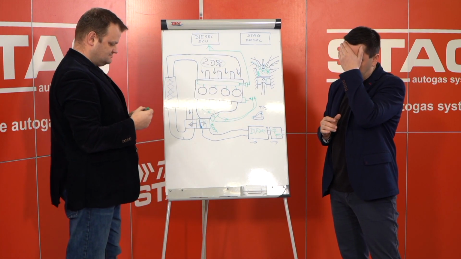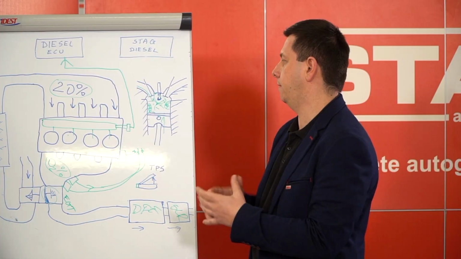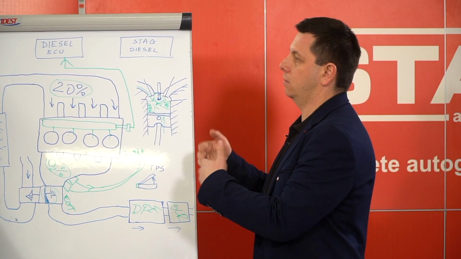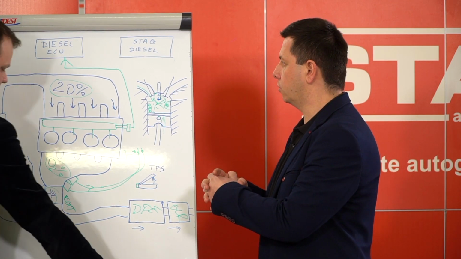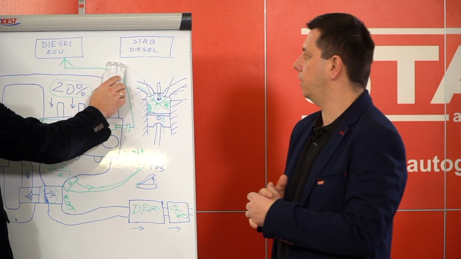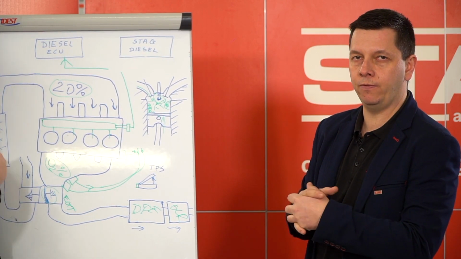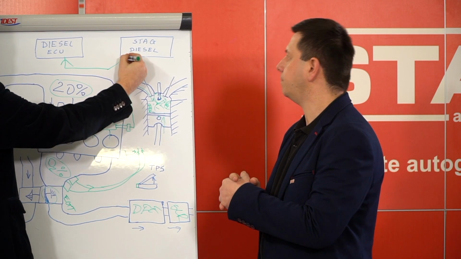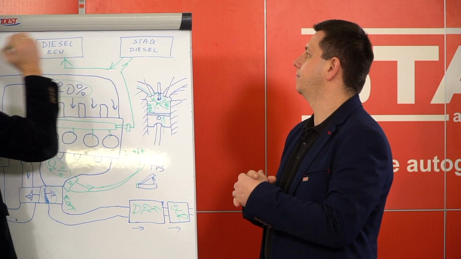Our controller has connections we can use to connect to the signal from the fuel pressure sensor. We cut the wire, inform the STAG Diesel, and then we emulate the signal.